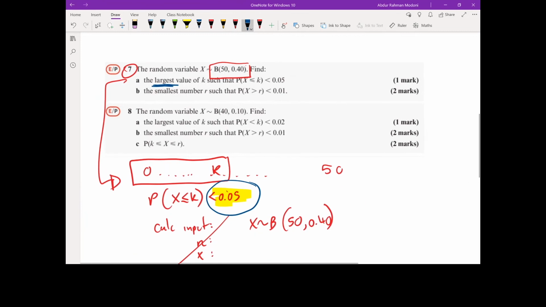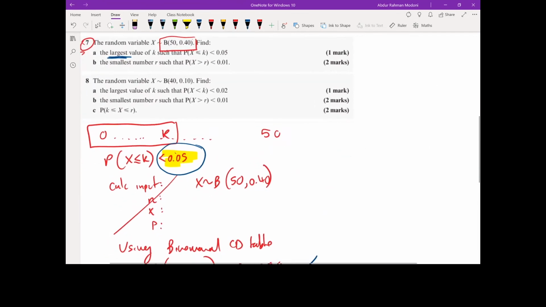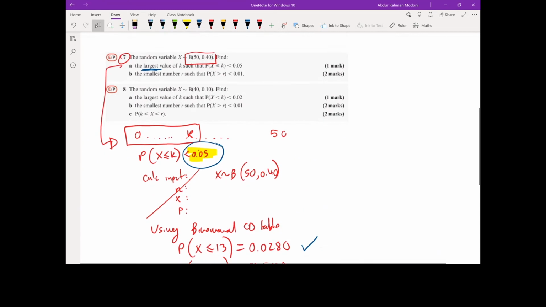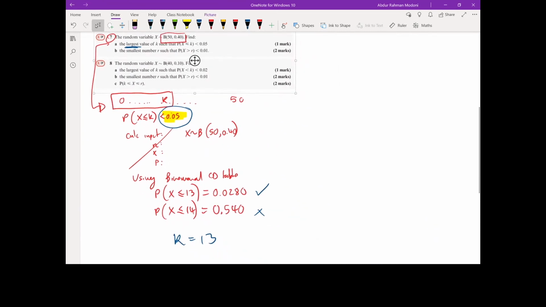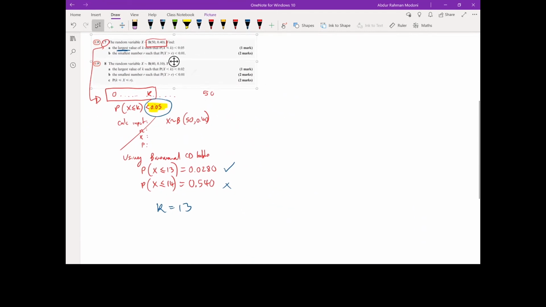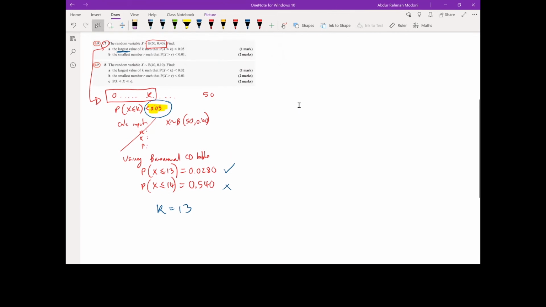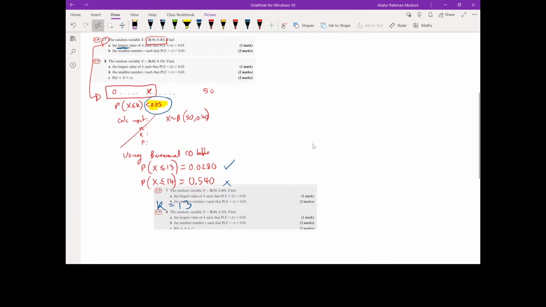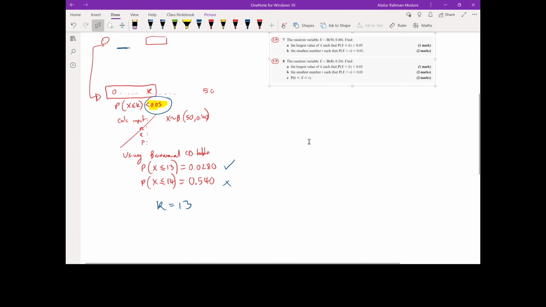So same question. I'm going to keep the same number line. Let me just go and write this out underneath here. Let's take that a bit further. Do part B here.